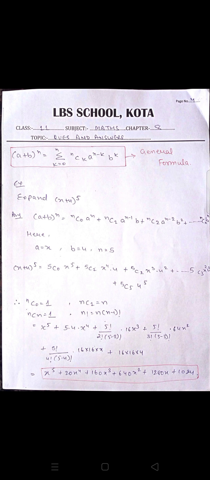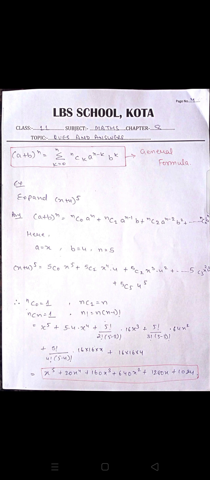The final term will be nCn into b to the power n. Here, if we compare the general formula with the expression given in the question, a is equal to x and b is equal to 4, and the power up to which the expression is raised is 5. So n will be 5.